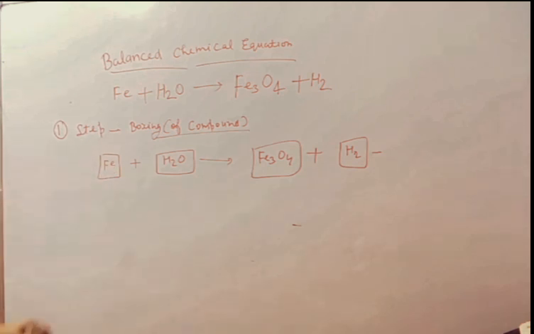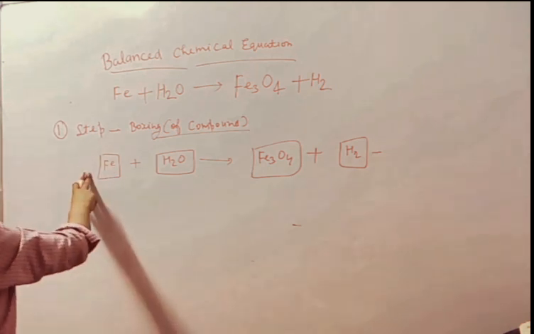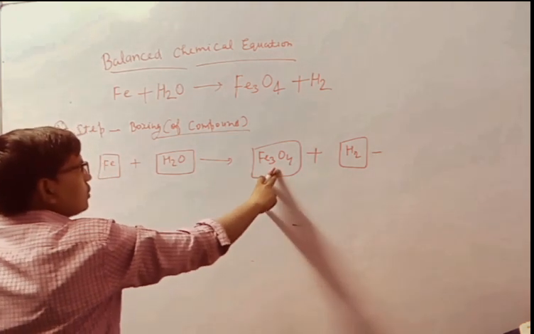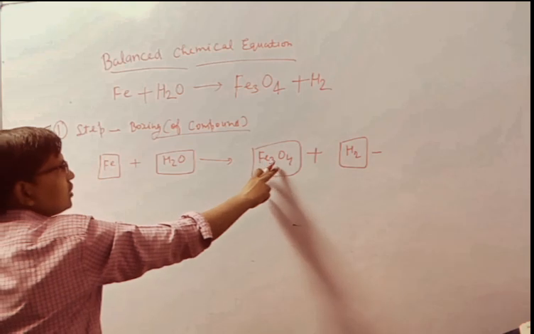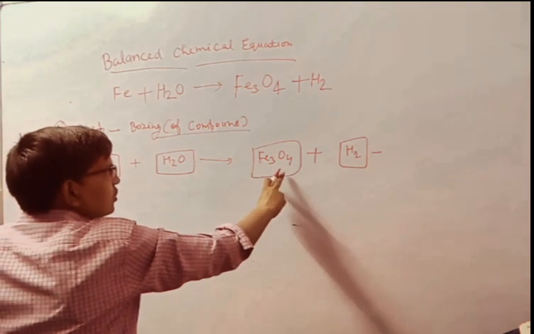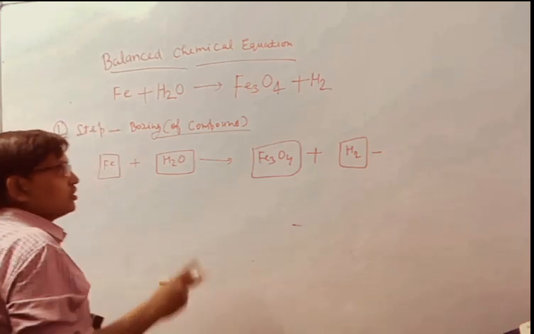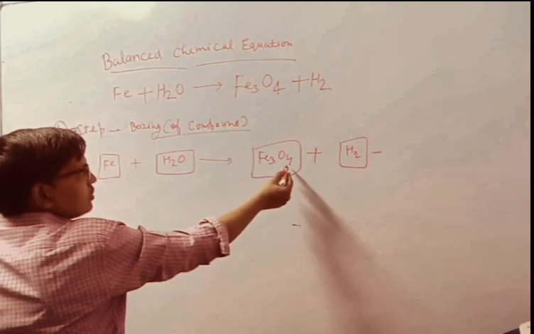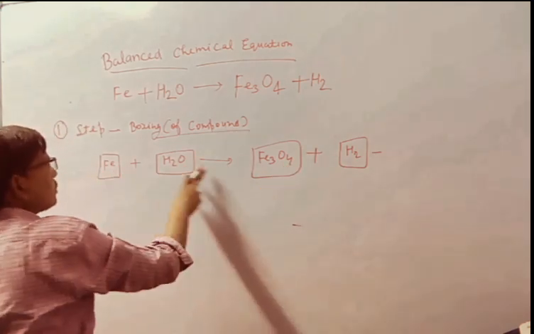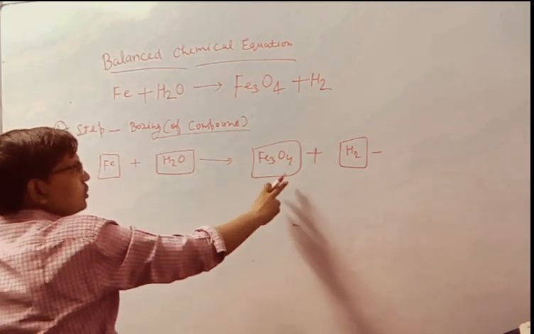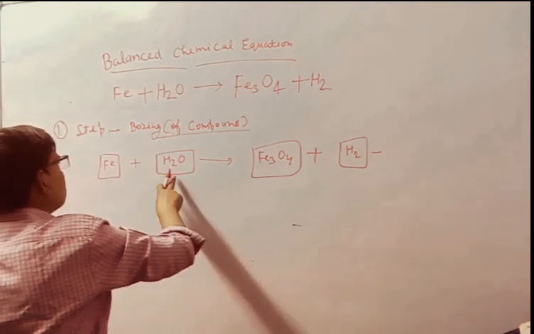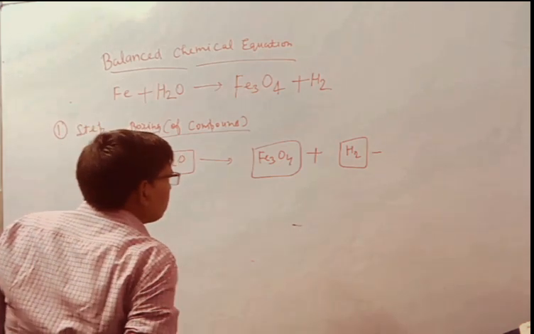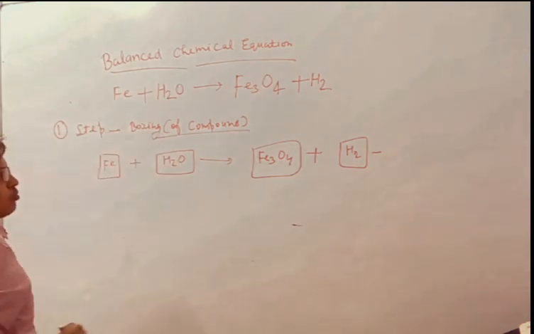Then after the boxes, we will take the compound which has the highest number of an element, and we will firstly take those elements which have the maximum number. If we look here, in the case of Fe3O4, oxygen is 4 and it is the biggest number.